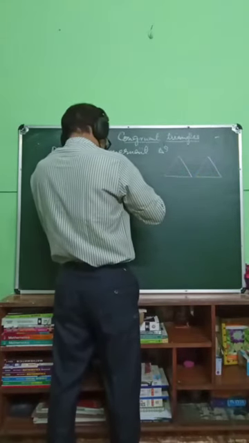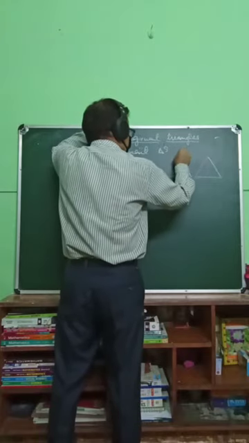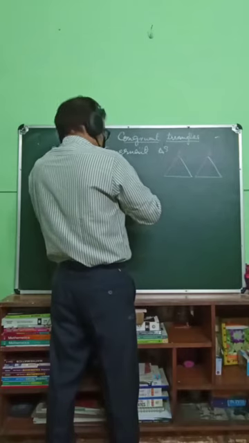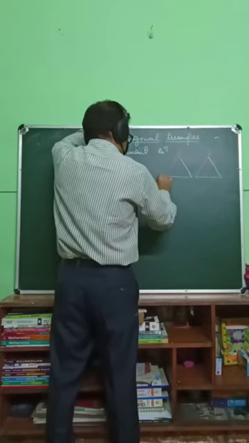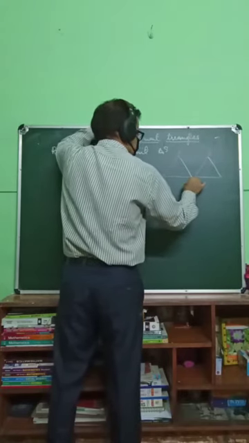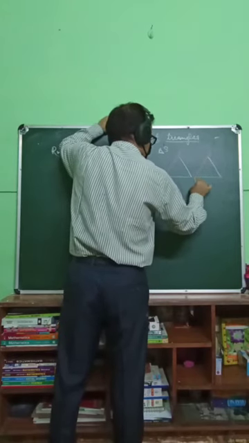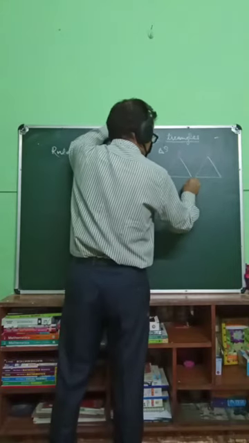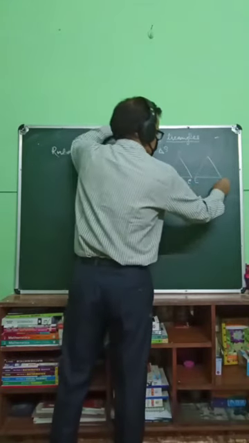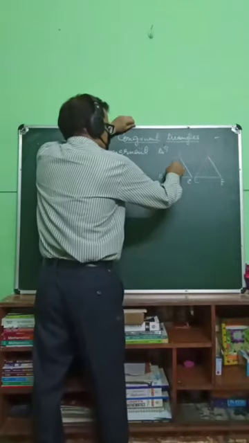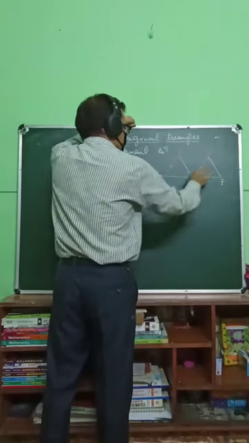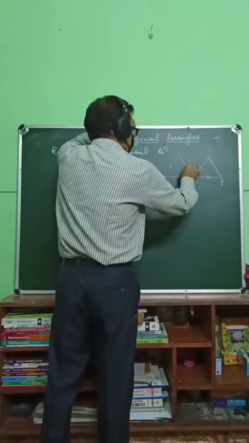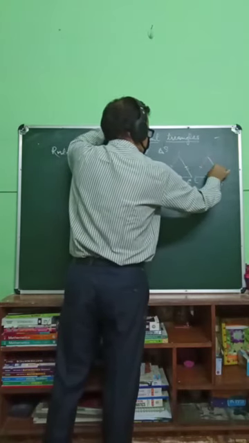This is A, this is D, this is B, this is E, this is C, and this is F. So AB is equal to DE, BC is equal to EF, CA is equal to FD.